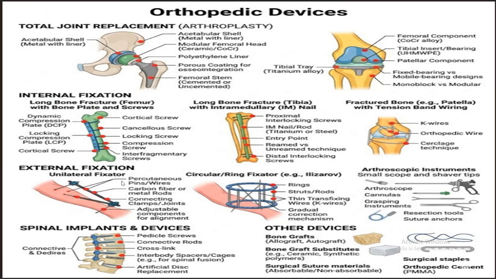Next one is external fixation, unilateral fixator. Based on the complexity of the fracture, the physician will decide whether to perform internal fixation or external fixation. We have one CPT guideline related to external fixation. If the code description does not contain external fixation, we need to code it separately. So that is the CPT guideline.